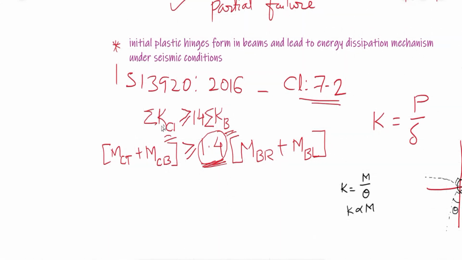Similarly, if you come to the location where I was explaining how this has come, here also I did the same thing. This is the stiffness of the column, which is the sum of the stiffness of the column at top and bottom, and I have measured it in terms of moment.